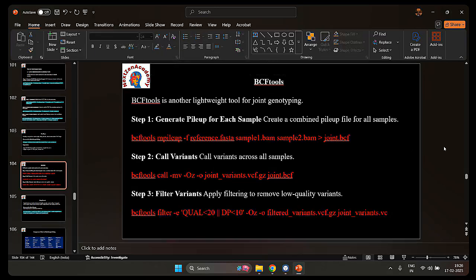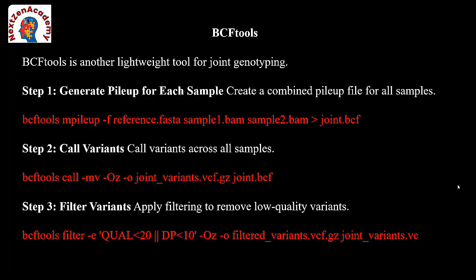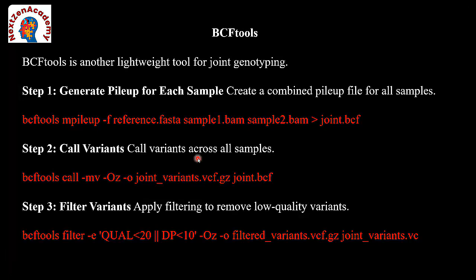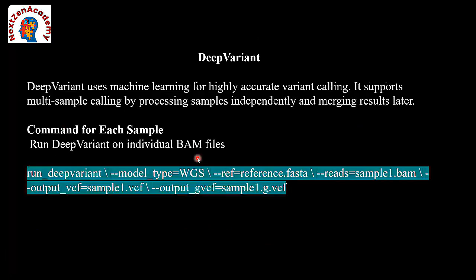The main importance is, first, we can see the variants which are shared across different samples. Second, it is helpful to improve the genotyping quality. Third, it is helpful for better coverage across variants.